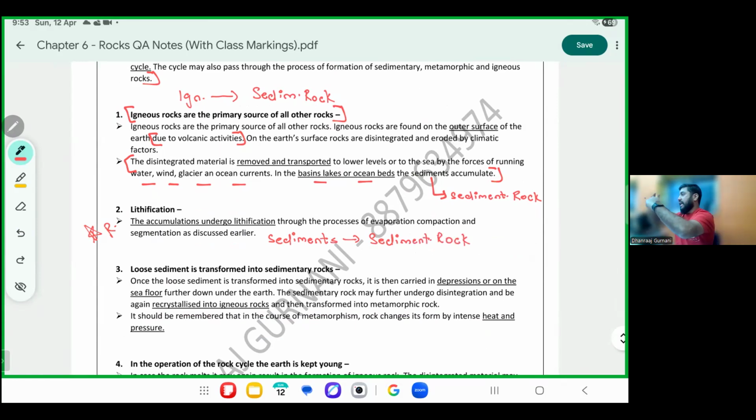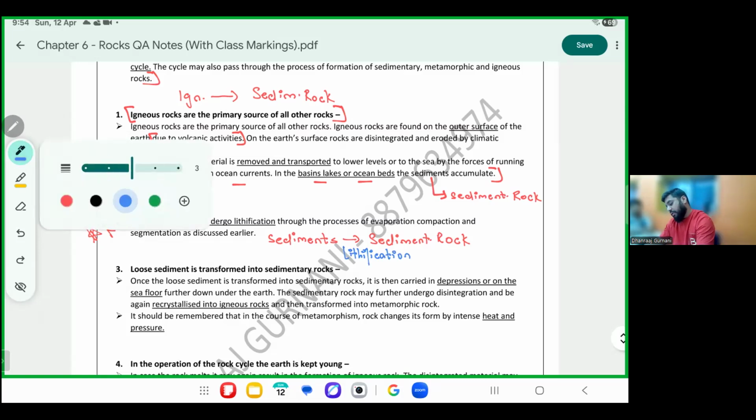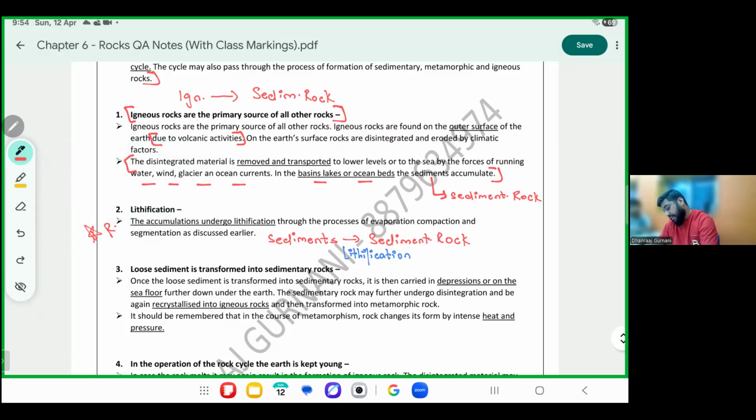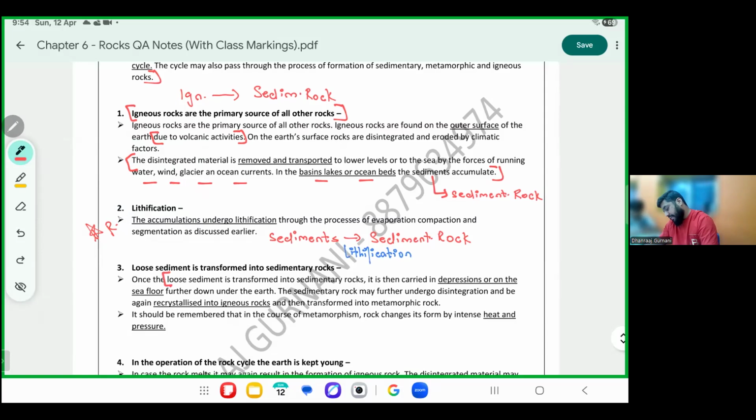The layers start to compact and squeeze into a rock. This process is called lithification. That's what is said below also. The loose sediments now turn into a sedimentary rock.